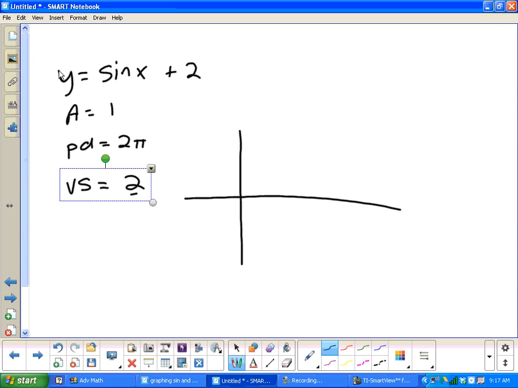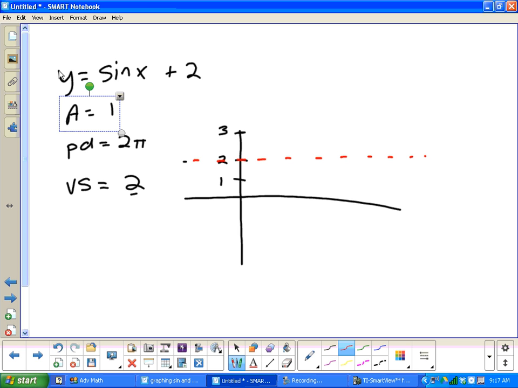Did y'all get that on your graphs? So watch. I'm going to go 1, 2, and then from 2, I'm going to go up and down 1 with my amplitude of 1. So it's going to go up to 3 and go down to 1. All right, where is my center line? At 2, right. So that's like the new x-axis.